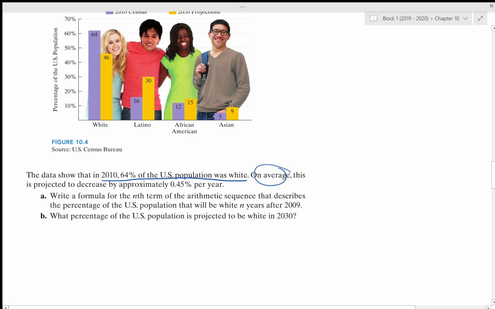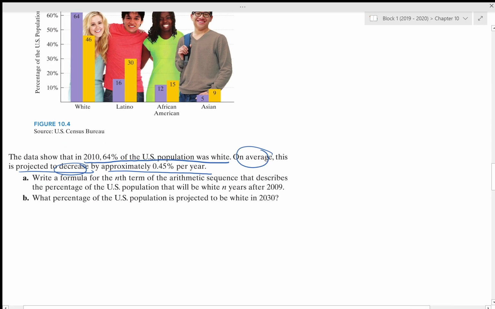On average, this projection is to decrease by approximately 0.45% a year. So it's going to decrease by 0.45%. Okay? Now, if we use all percents, then I really don't have to worry about changing the percents to decimals. I could just leave everything as percents.